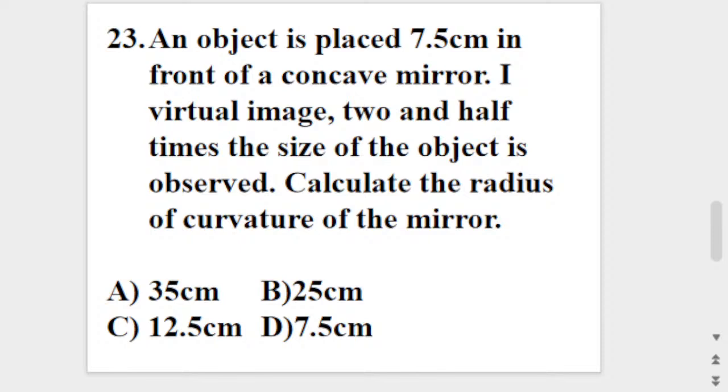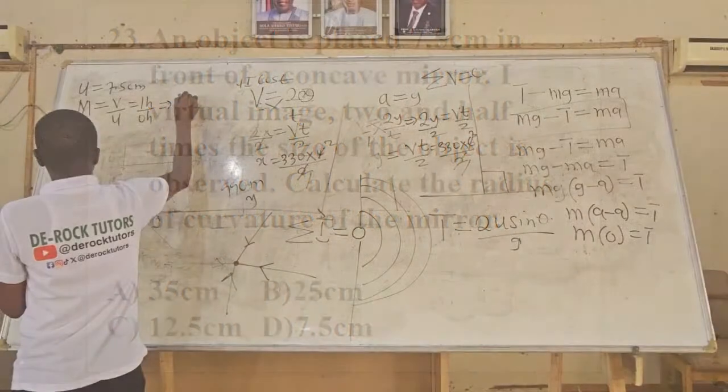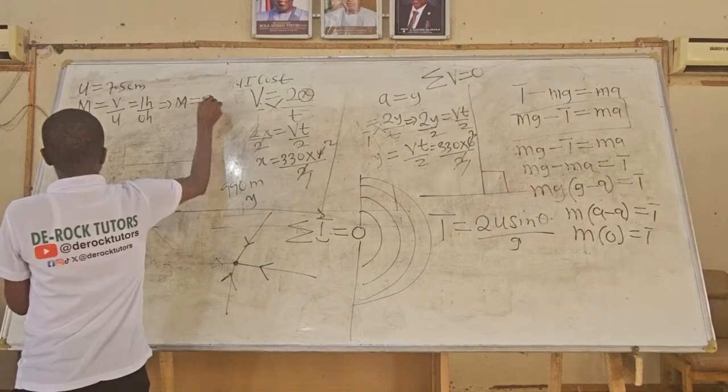Don't forget, linear magnification is V over U, which can also be image height over object height. So the magnification is 2.5. That's the meaning of 2.5 times. So here, our magnification is equal to 2.5.